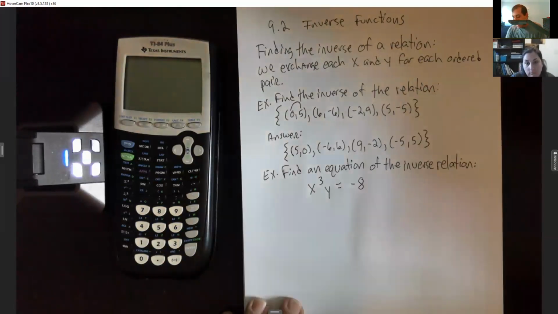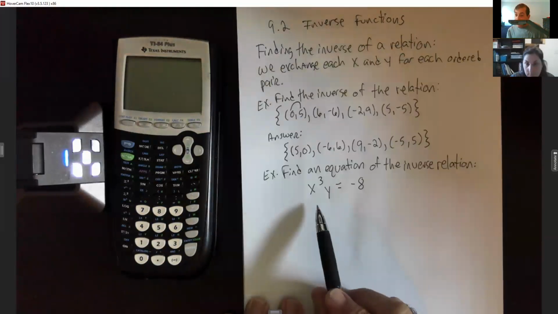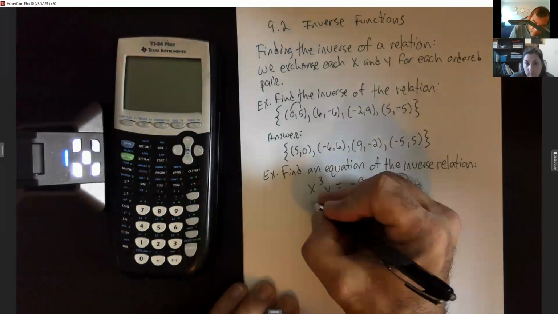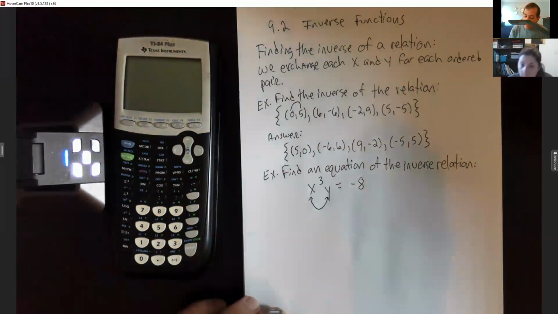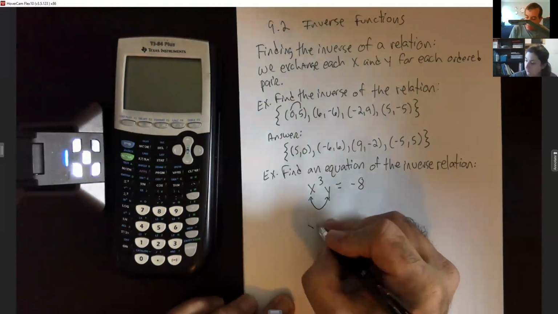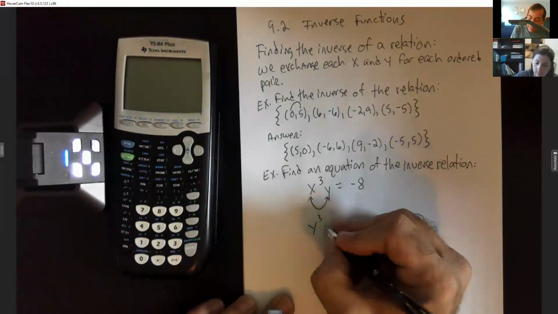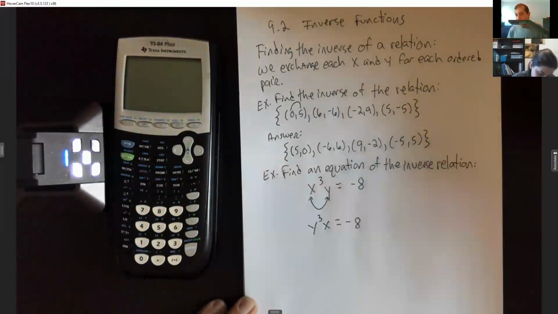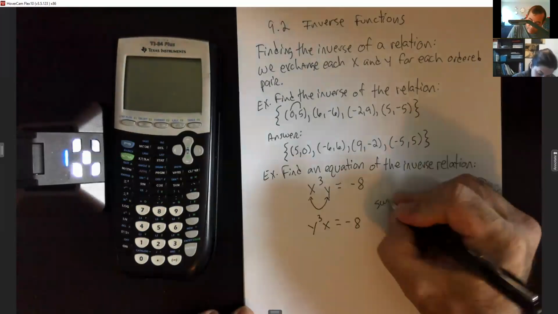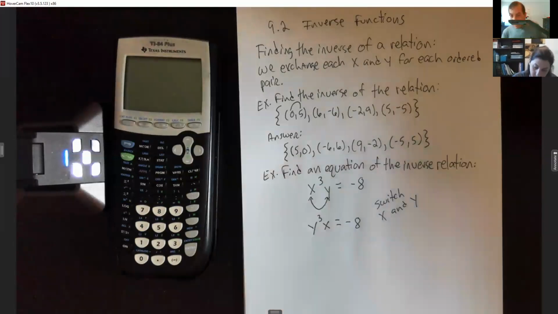So same thing as I did up here on these ordered pairs. The inverse of this relation, all we're going to do is switch that x and y around. So the exponent stays, so that was an x to the third. Now it's going to be a y to the third x, and then that'll equal the -8. So notice all I did was switch that x and y and we were done.